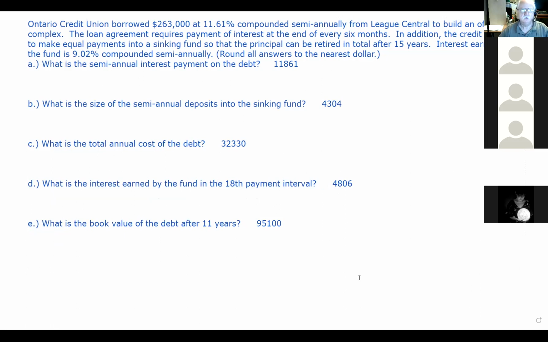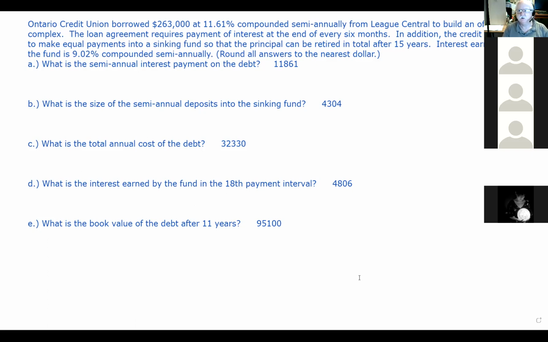So Ontario Credit Union borrowed 263,000 at 11.61% compounded semi-annually from League Central to build an office complex. The loan agreement requires payment of interest at the end of every 6 months.